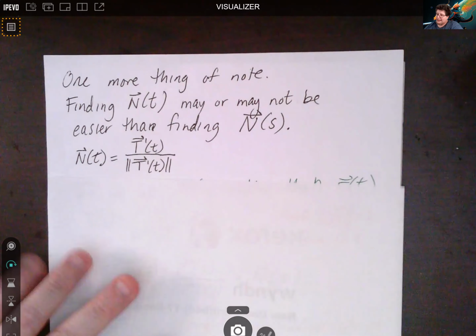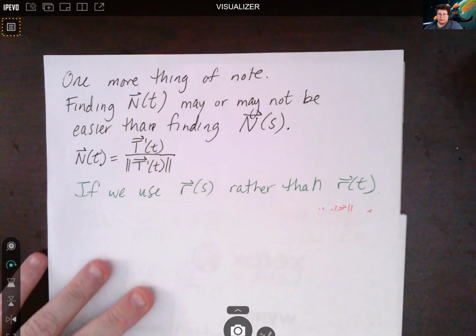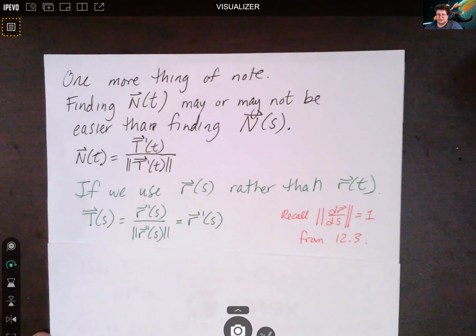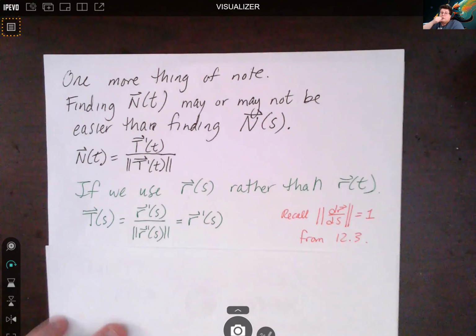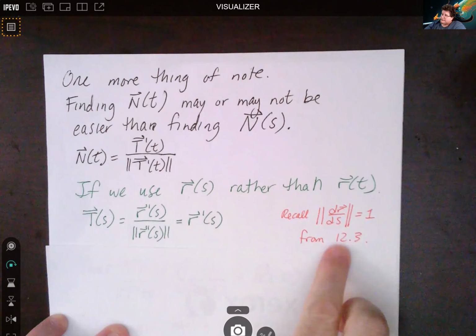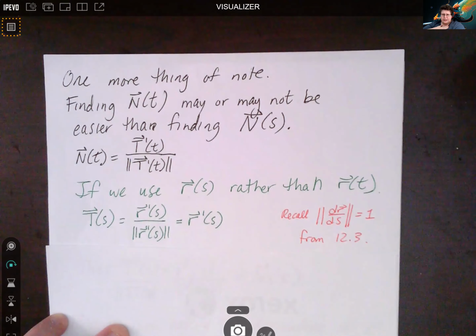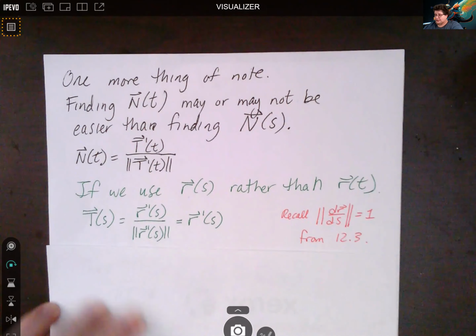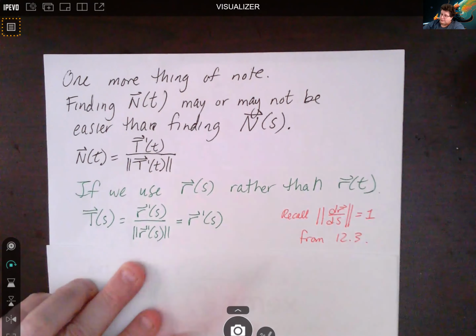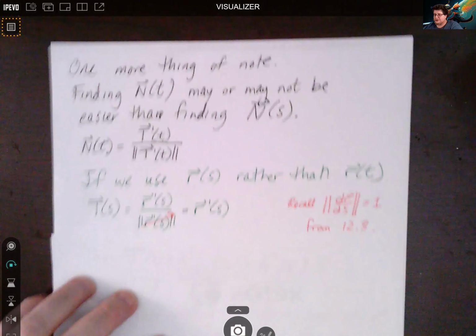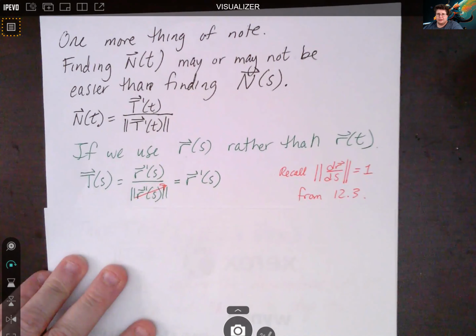But when we're doing it with s, we use arc length rather than time. T of s is just r prime of s, because as we looked at in 12.3 when we studied arc length, the magnitude of r prime of s is 1. And so this part is 1 down here, and T of s is just r prime of s. That makes it a little bit easier to find. We don't need to take the norm of the vector.